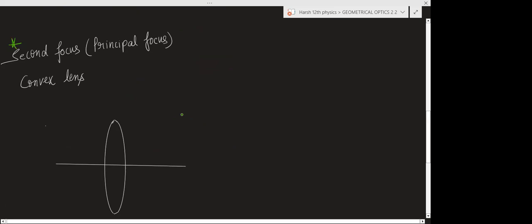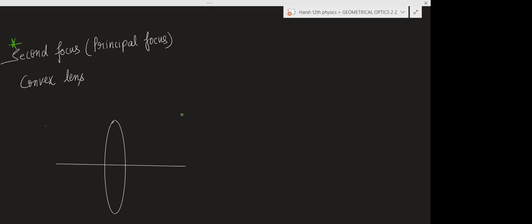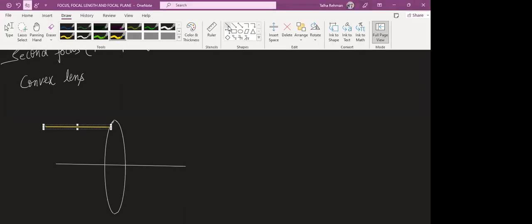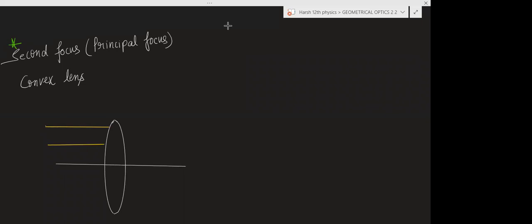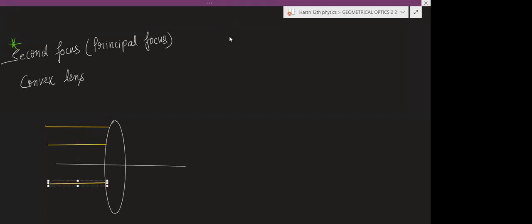For us, the second focus is more important than the first focus. So what is the second focus? The second focus is defined as follows: whenever rays of light are coming from infinity, and we know that from infinity, like from the sun, always parallel light rays come.